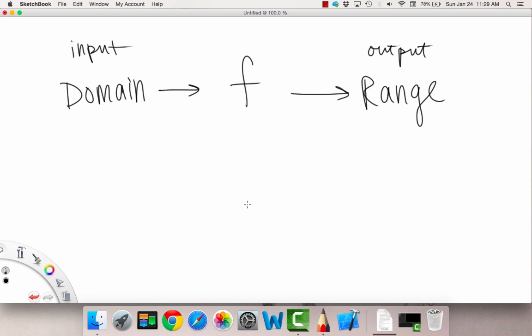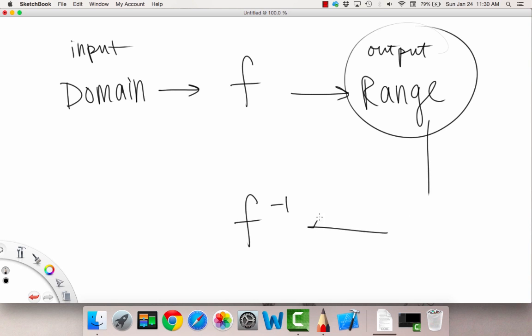If we look at our inverse function, f inverse, whatever we get here as our results, we plug those exact same values into this function. Whatever we get in that circle, we plug into our inverse in order to get an output, which brings us back to our domain.